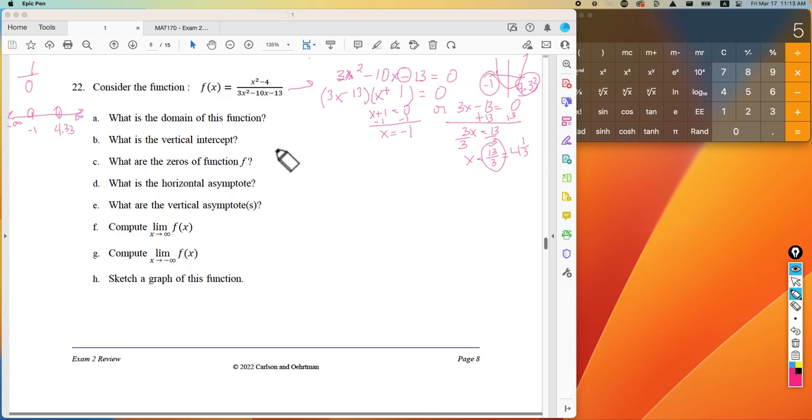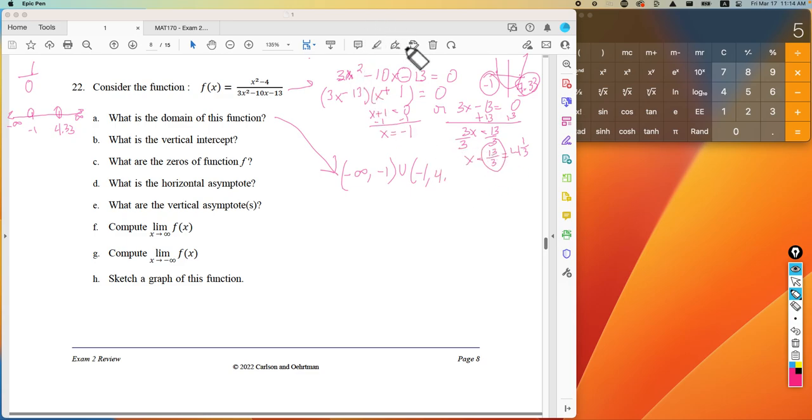We're excluding them. So the way we're going to write this, and I'll just do it down here, is we go from -infinity to -1, union, then we can go from -1 to 13 thirds.